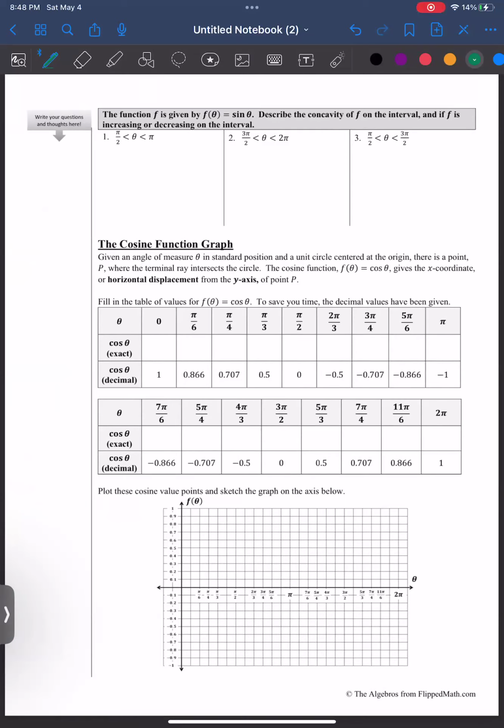So now I'm going to do the same thing, only now I'm doing the cosines. So I have to just fill in my chart. So again, all of the exact values are going to be the ones that I memorized from my unit circle.